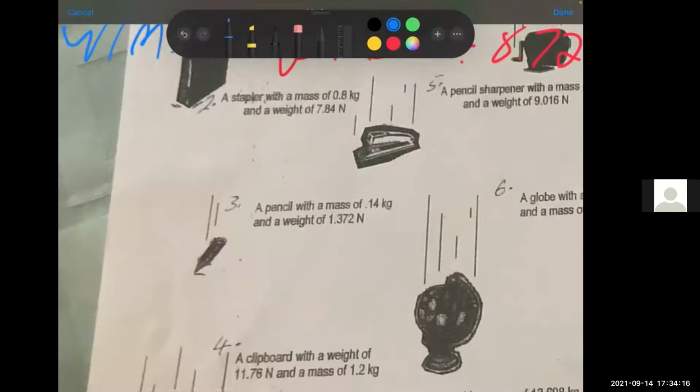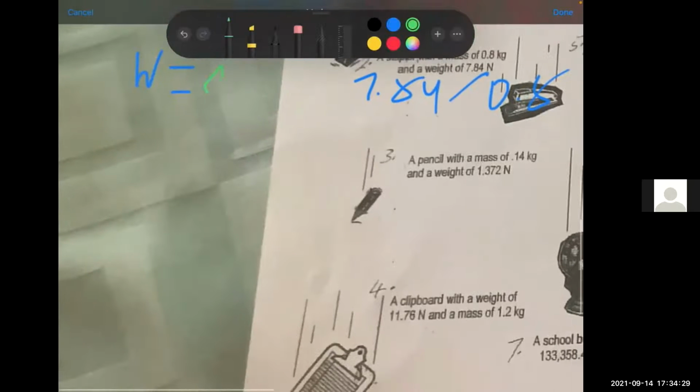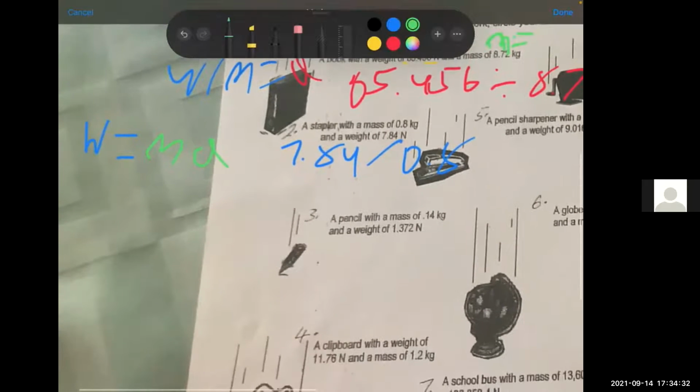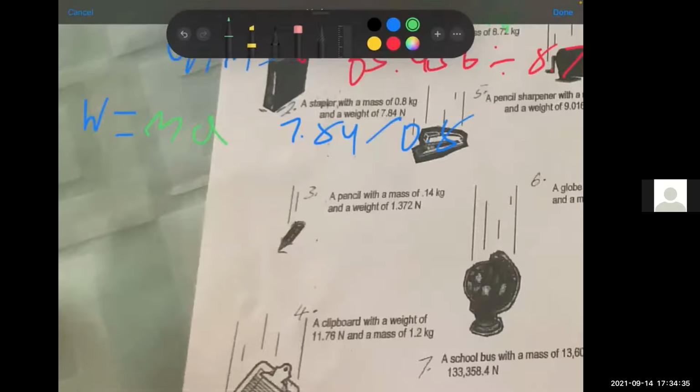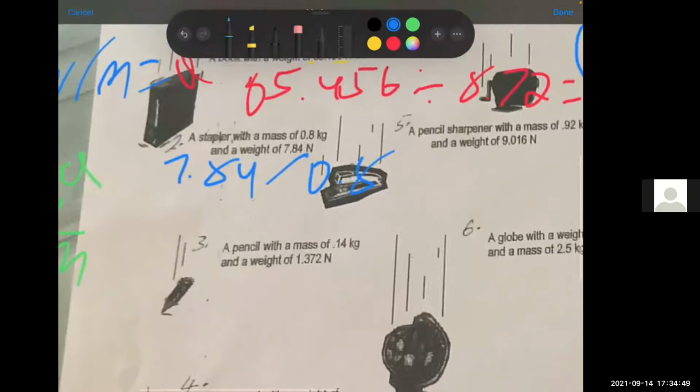No, that's not correct. Gotta make sure that weight is equal to M times A, or A is equal to W divided by M. So 7.84 divided by 0.8 is 9.8. Yep, 9.8.